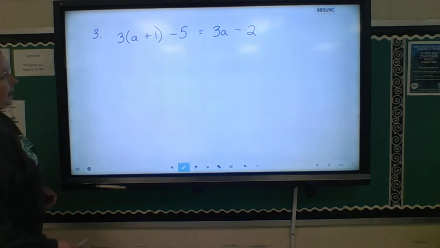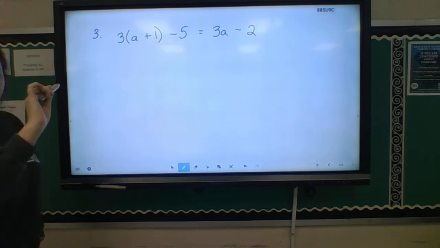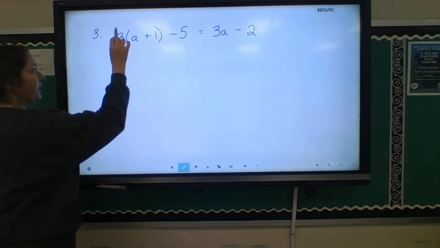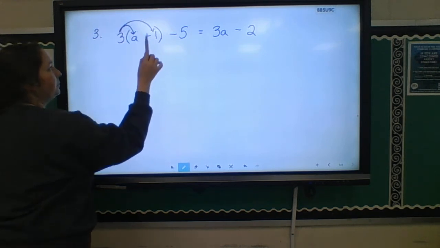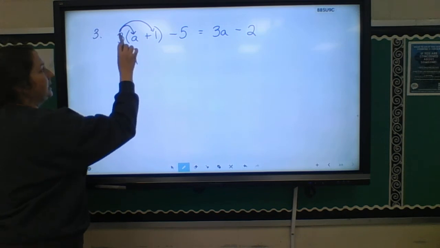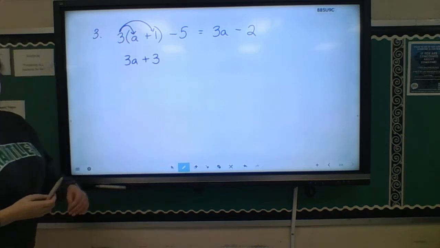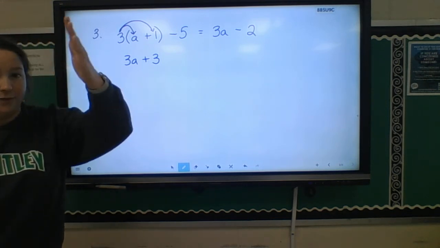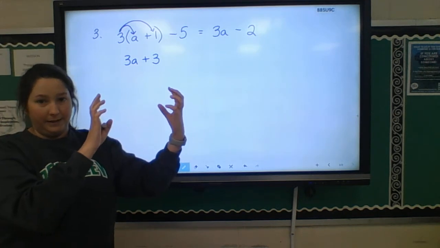Number 3. So once again, I have parentheses here that I've got to get rid of and distribute. Distribute the 3, so 3 times A, 3 times 1. 3 times A is 3A. 3 times the positive 1 is positive 3. Now remember, I can't take that 3 and multiply by 5 because 5's not in the parentheses.